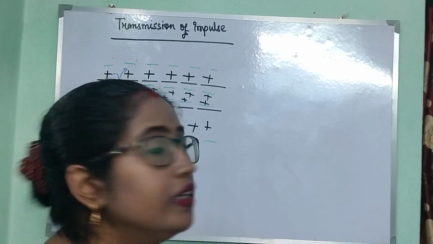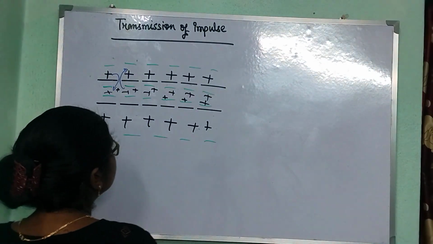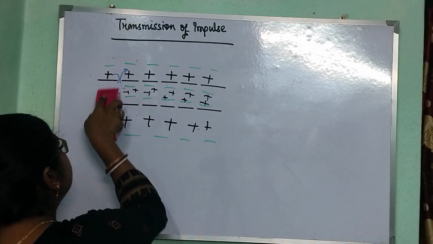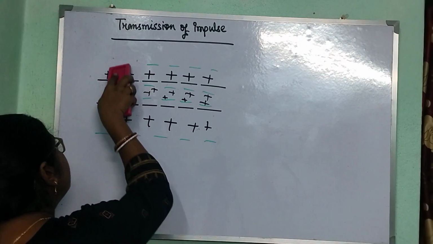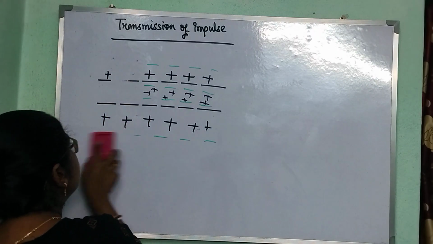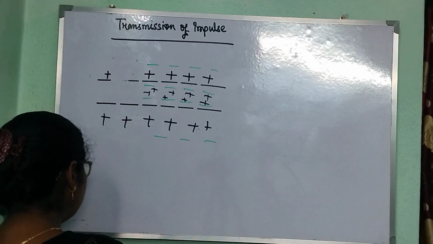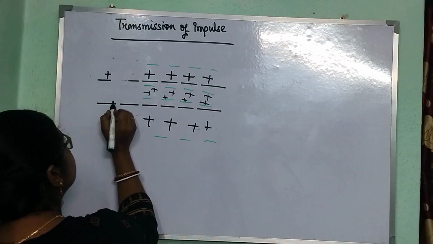And when the impulse goes further, the ion gate in the posterior position gets back to its normal resting condition.